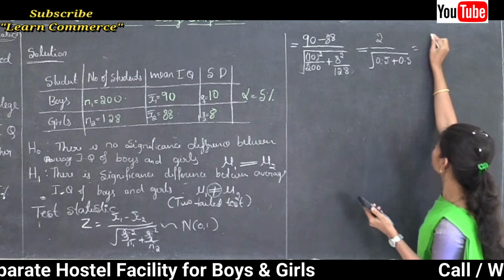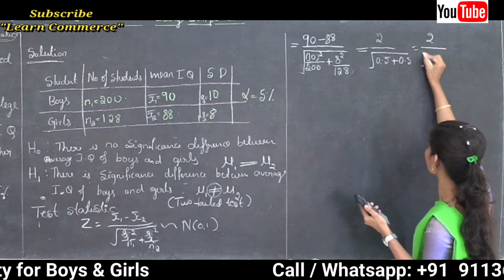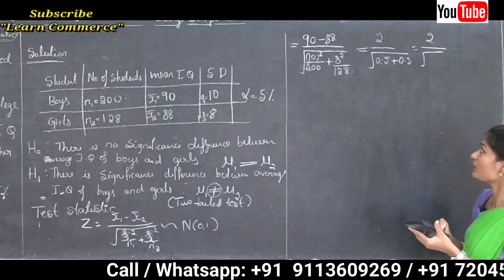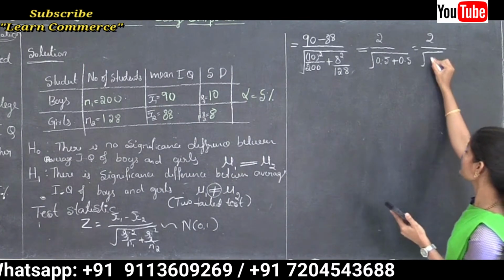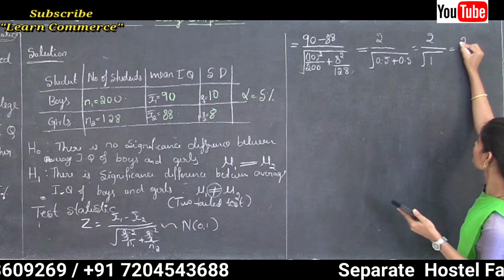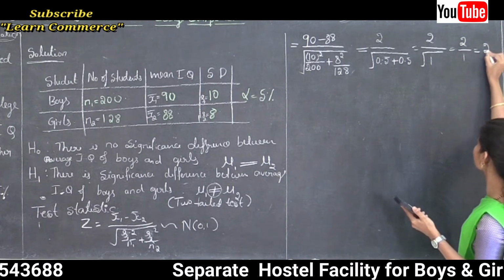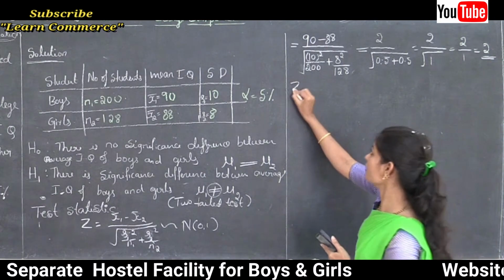So this is 2 by the square root of 0.5 plus 0.5, that is 1. The square root of 1 is 1 only, so the answer is 2. So the calculated value is 2.